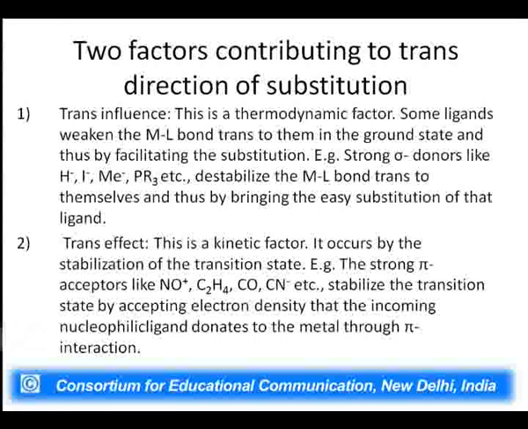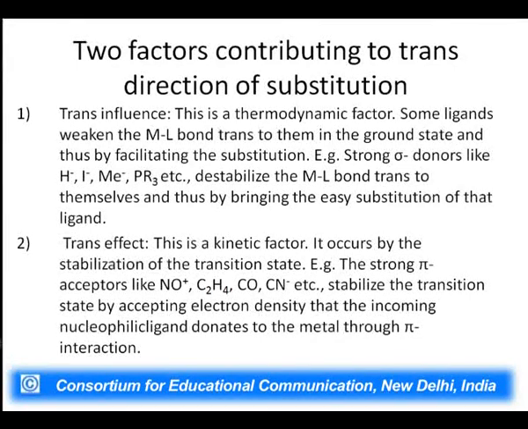The strong pi acceptors like CO, cyanide, NO+ and C2H4 stabilize the transition state by accepting electron density, as the incoming nucleophilic ligand donates electron density to the metal ion.